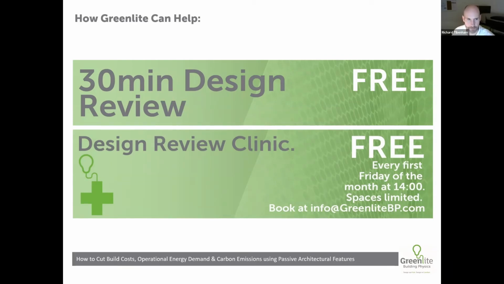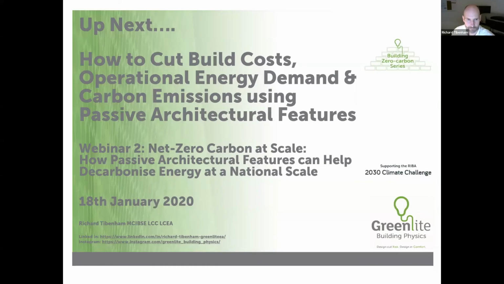So finally, just a very quick look at our next session, which will be in, oops, I've actually put January 2020 there, it means January 21 actually. But in this session, what we're looking at is the scalability of net zero carbon approaches.